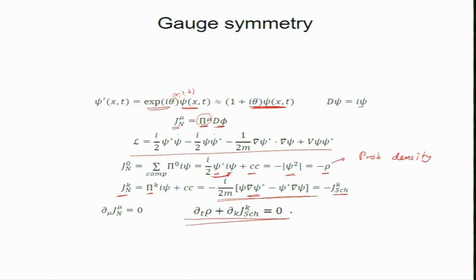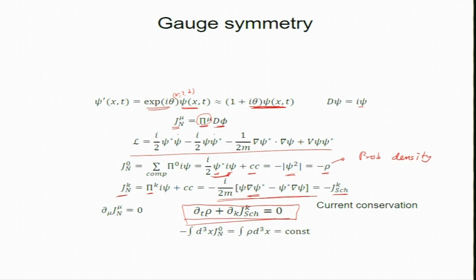You can derive this straight from the Schrodinger equation, but it follows from a symmetry principle: if I change the phase of the wave function arbitrarily, that does not change the physics, and this conservation law follows from that symmetry operation. Current conservation.